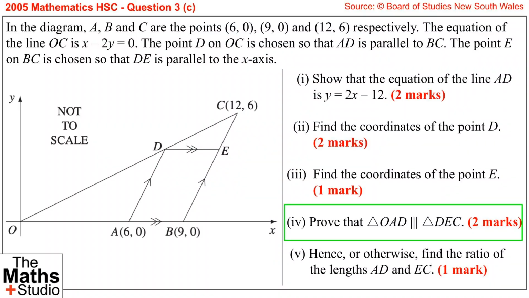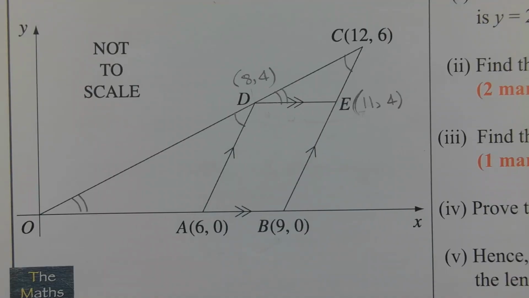Part 4. Prove that triangle OAD is similar to triangle DEC. To show triangle DOA is similar to triangle CDE, we need to show that two pairs of corresponding angles are equal. I'm going to show that angle DOA is equal to angle CDE, and angle ODA is equal to angle DCE. I'm going to use parallel line theorems to prove this.